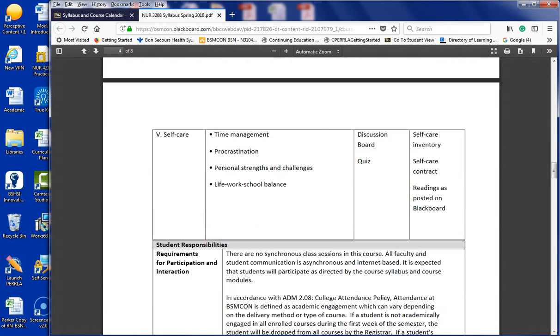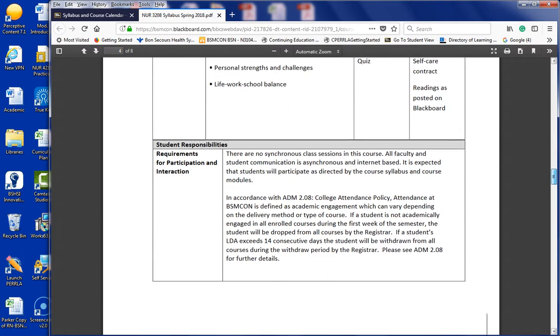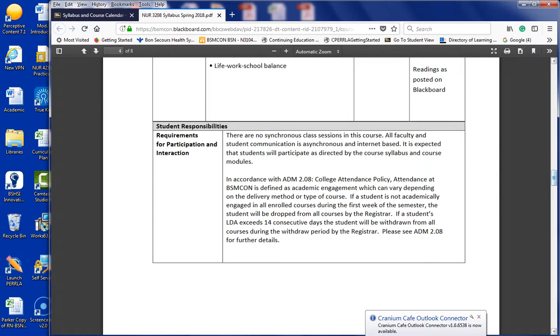As I said, it's asynchronous, and we don't have any defined meeting times. However, you do have to log in and make your presence known in Blackboard at least once a week, and preferably more.